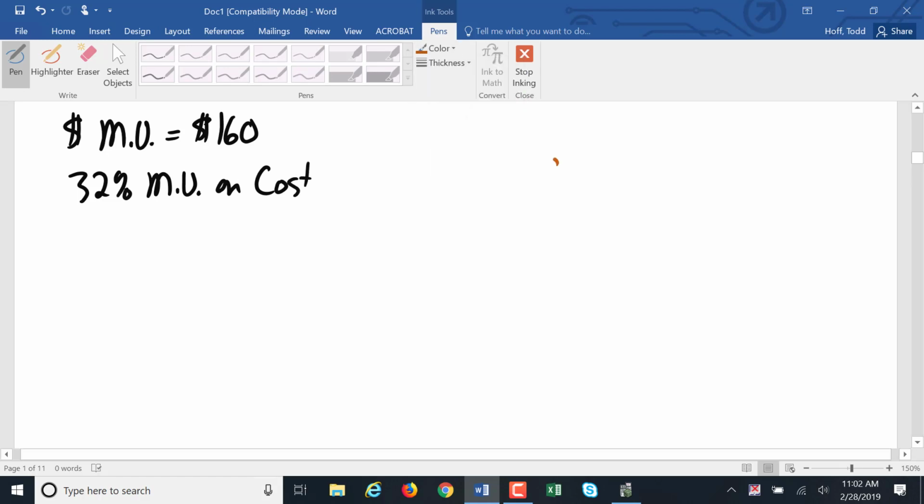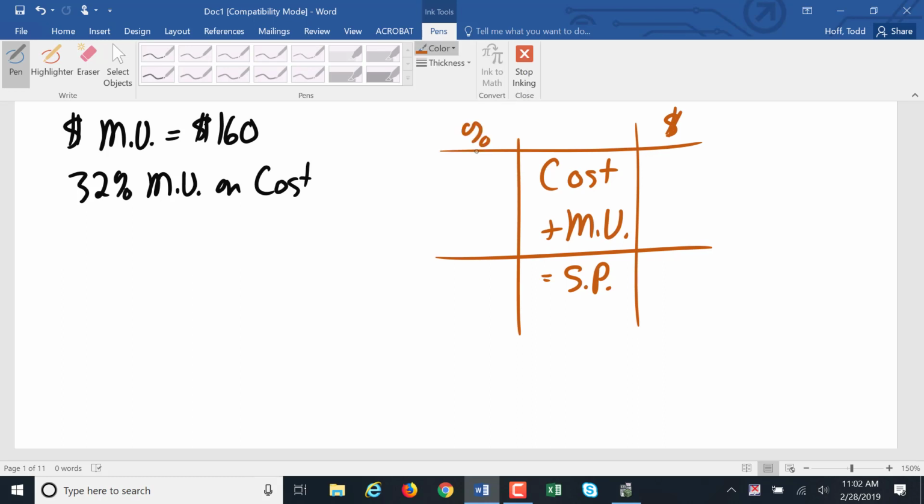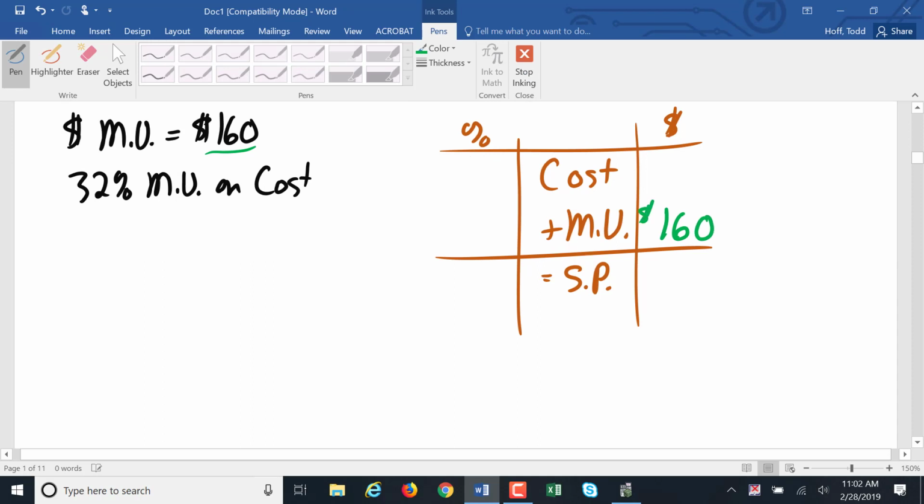So as we make our table, cost plus markup equals selling price. We have percents on one side and dollars on the other still. We are given $160 as the dollar amount of the markup. 32% markup, so 32% goes there. And it's markup on cost, again, that affirms the 100% goes in the cost.